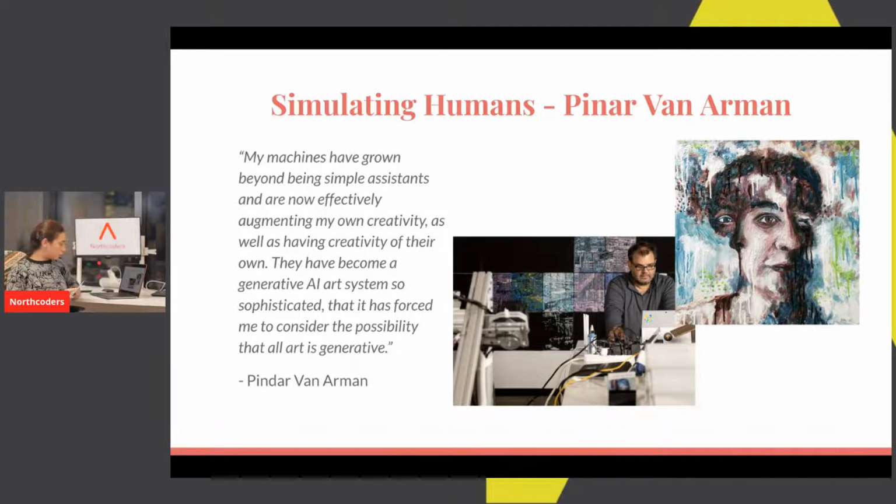And this creator has scripted the AI and the machinery that he is using himself. So from a mere assistant, he's now saying that he has to work around and perhaps even alter his own creativity around the creativity of the AI he's created.